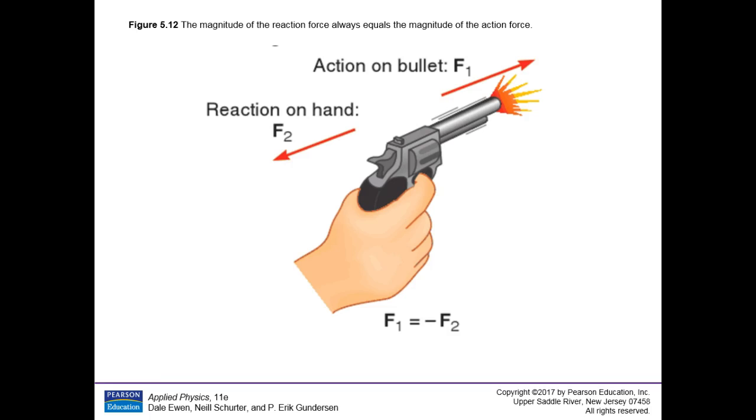Well, with jet planes, you don't have a propeller pushing the air back. You have the exhaust from the jet engine firing out the back, and that pushes the whole plane forward. Action, reaction. It goes at really high speeds.